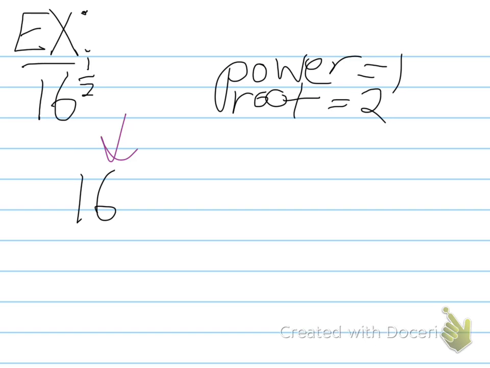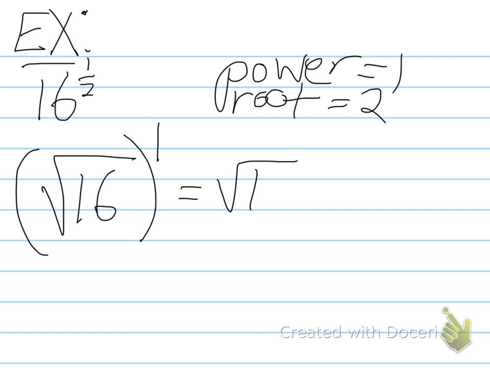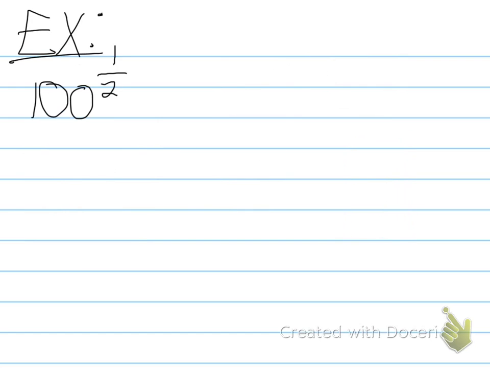Going back over here, we write that the 16 has a root of 2, square root, and a power of 1. Though the power here would be a little redundant now, wouldn't it? So it would be equal to the square root of 16. Now, the square root of 16 is a perfect square, so we can evaluate this even further. Our final answer for this example is going to be 4.